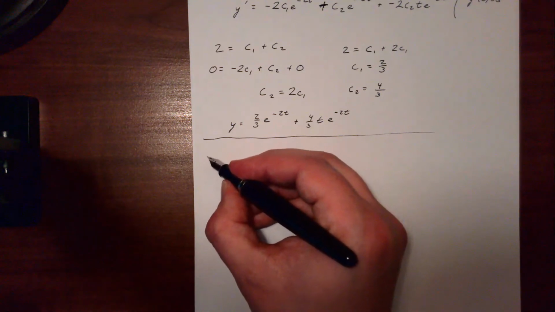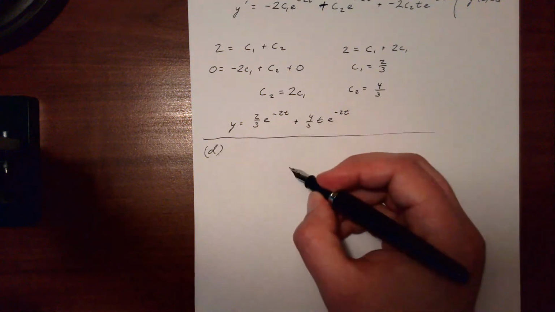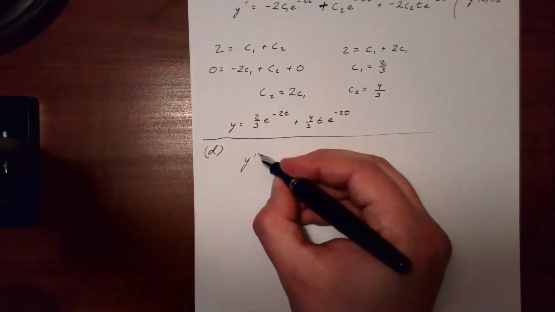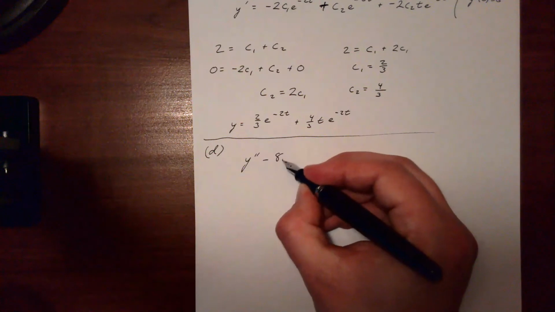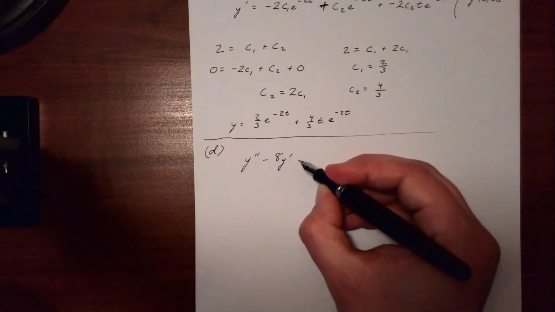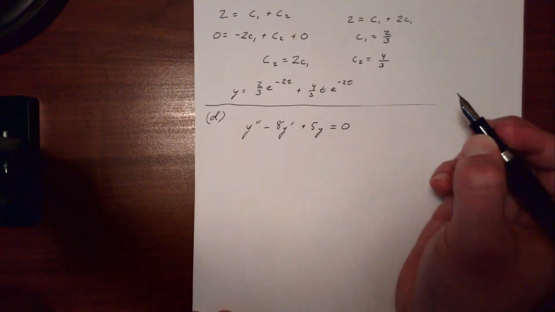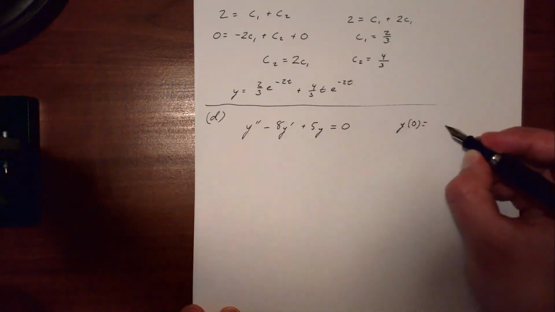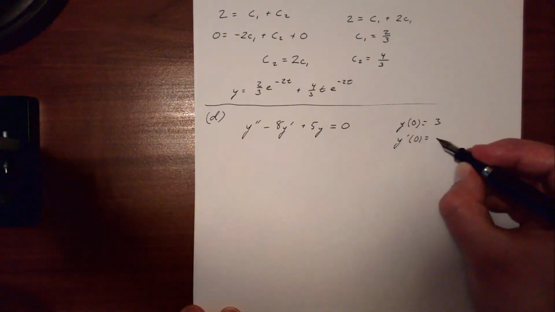So let's say D. What if the equation has the form y double prime minus 8y prime plus 5y equals 0, and we have y of 0 is equal to, and we'll just make this nice and messy, 3, y prime of 0 will equal 2.